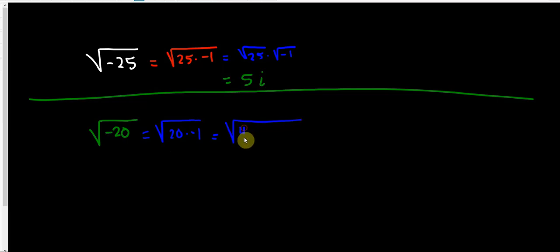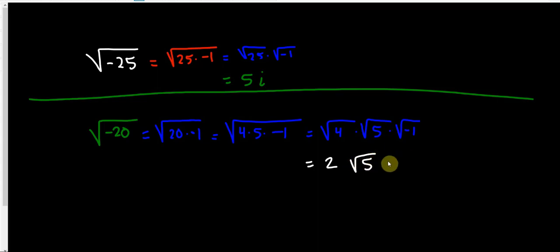I could break the 20 into 4 times 5, and then I still have times negative 1. They all can get their own radicals, and I can handle the pieces that I can handle. Square root of 4 is 2. I can't do anything with the square root of 5. And square root of negative 1 is i. So that's not super difficult.